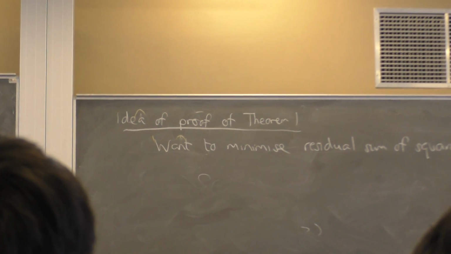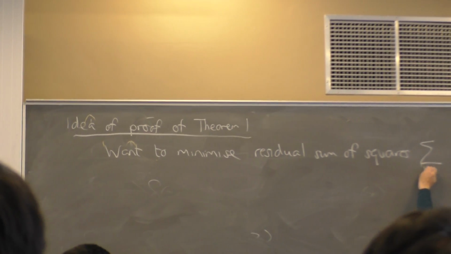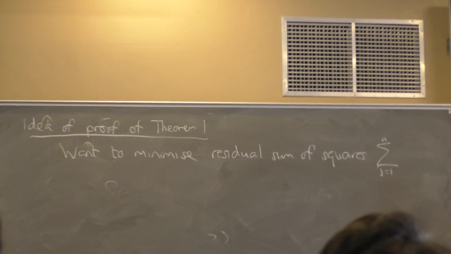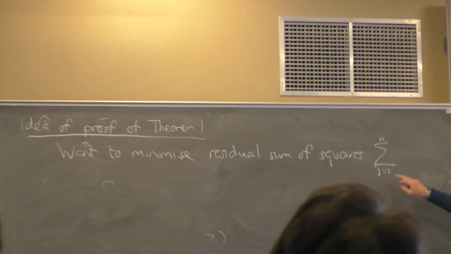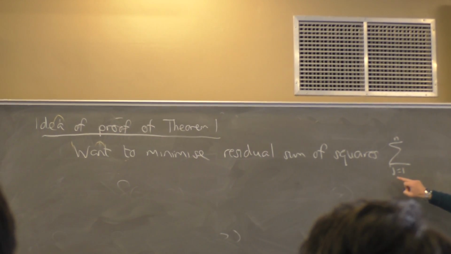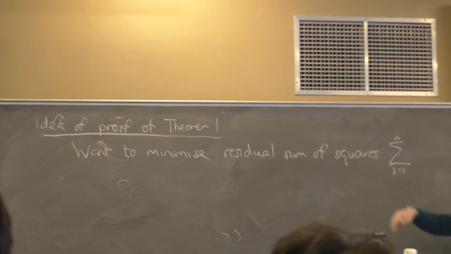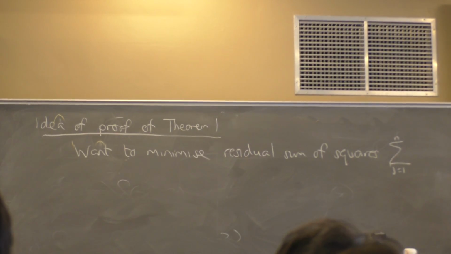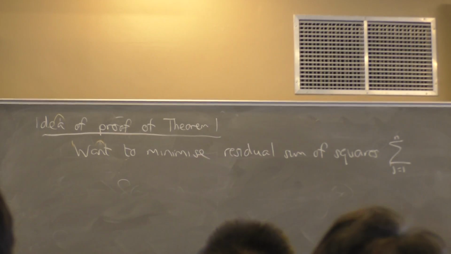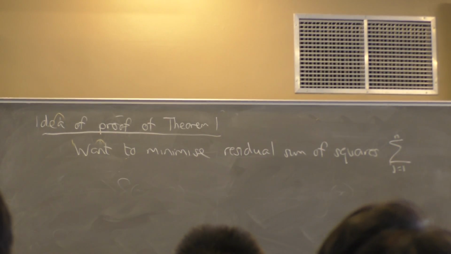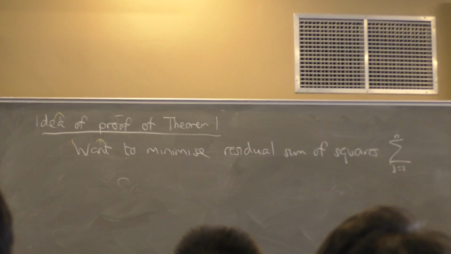The residual sum of squares is the sum over all data points. I'm going to use j as my summation index here because I'm going to want to differentiate with respect to beta i, so I don't want to confuse those two indices. There are n data points, so it's a sum from 1 to n.